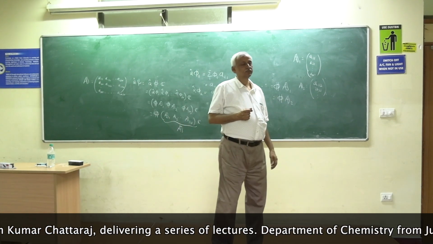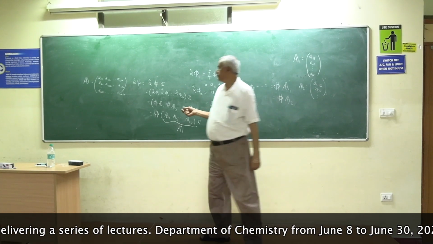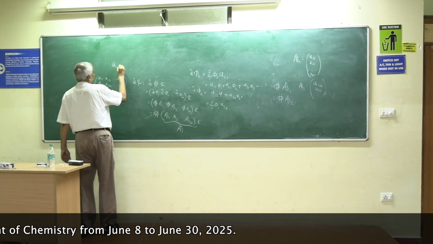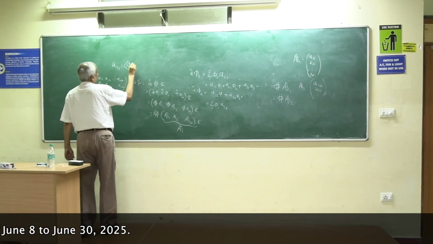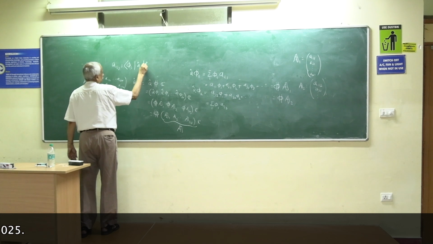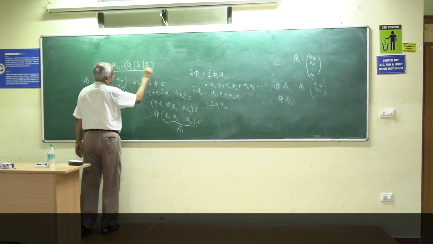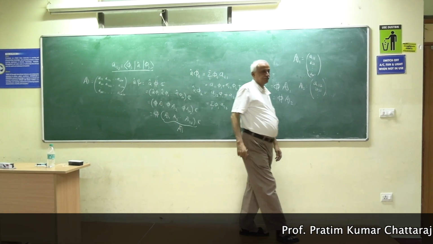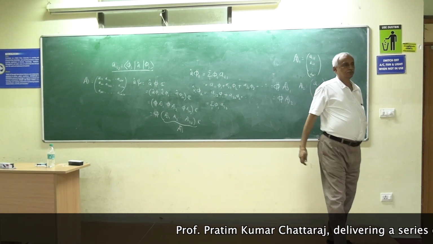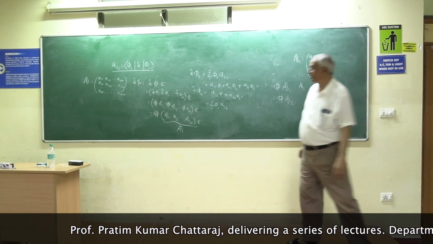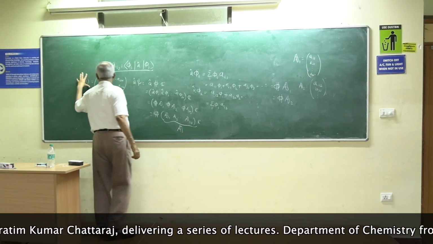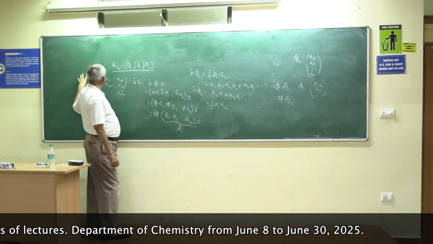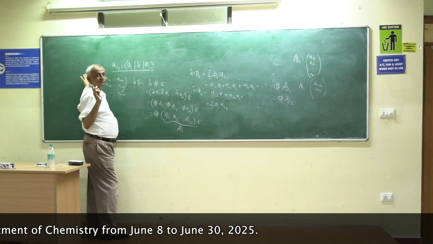Any arbitrary element of this matrix, A ij, is phi i, A operator, phi j. So this matrix A is called the matrix representation of operator A in the basis set phi.